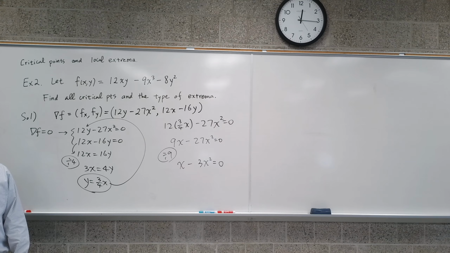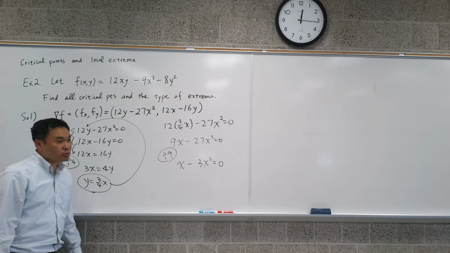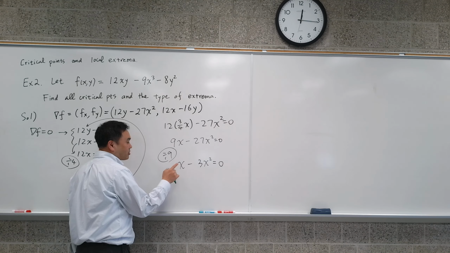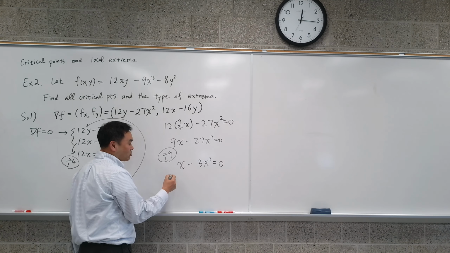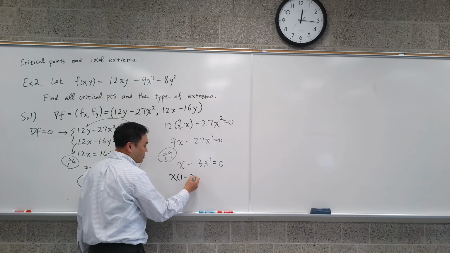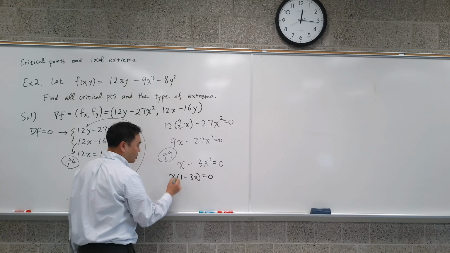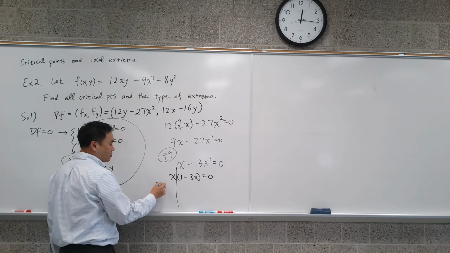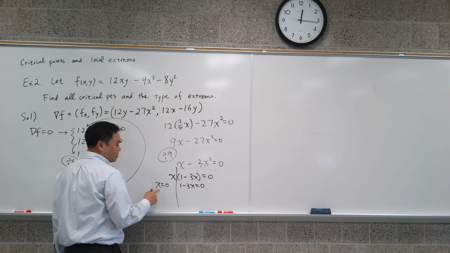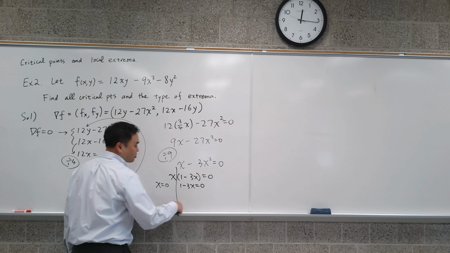And because this is a quadratic equation, you have to factor it, or you can also use quadratic formula, but that's an overkill. This is easy to factor. X is a common factor to both. So let's factor out an x, which means either x is 0 or 1 minus 3x is 0. X is 0 is x equal to 0.